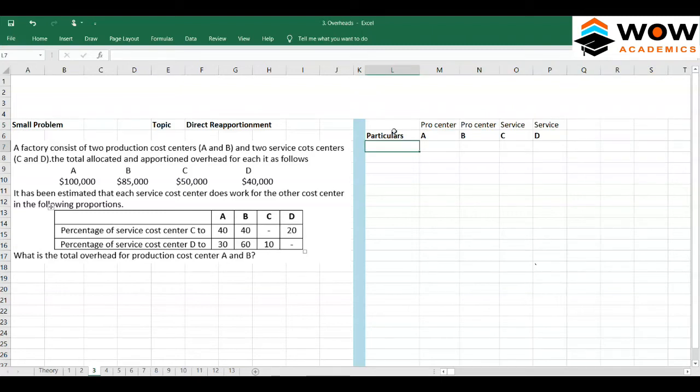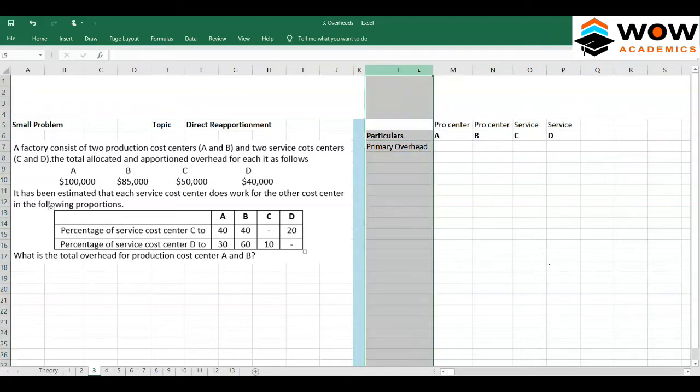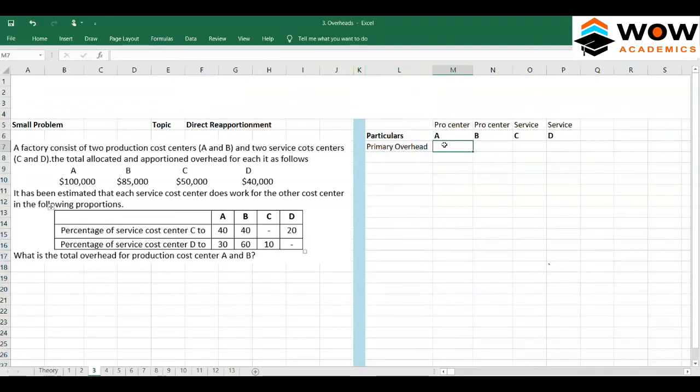He has told that this is the allocated and apportioned overhead, so that would be the primary overhead. So the values come to 1,85,000, 50,000 and 40,000.